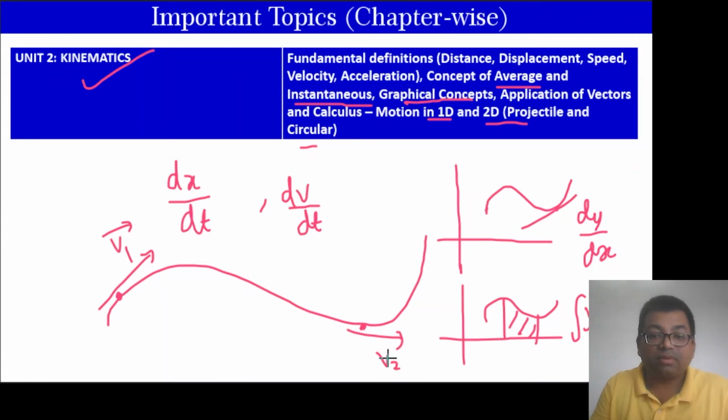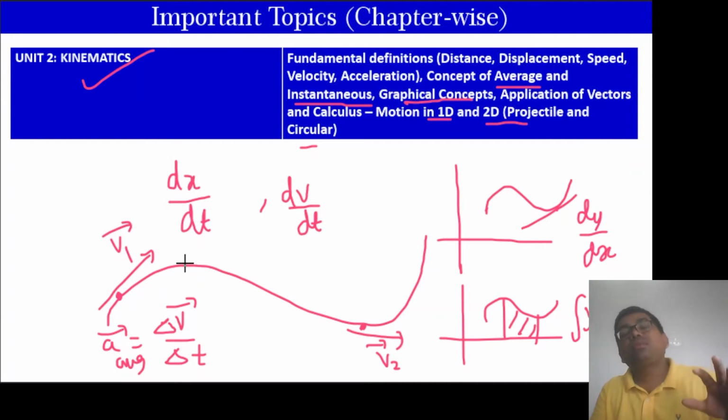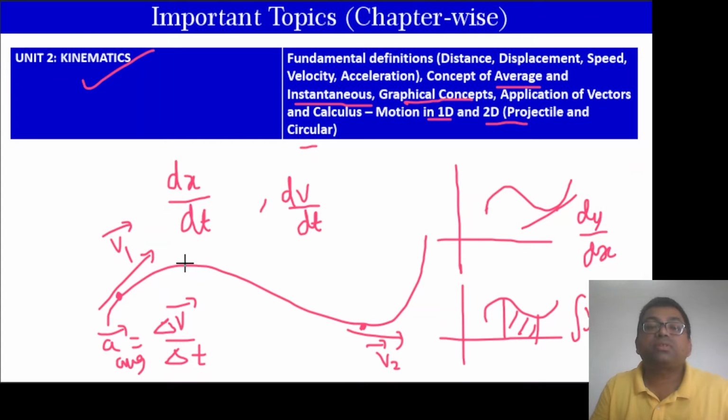If I have to calculate average acceleration, then I have to use delta v vector by delta t, that is average acceleration, right? Similarly, we have average velocity and other concepts. So a lot of mathematical concepts come here, calculus. It actually starts from this chapter onwards.